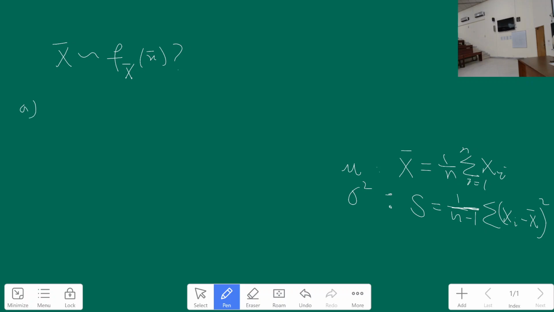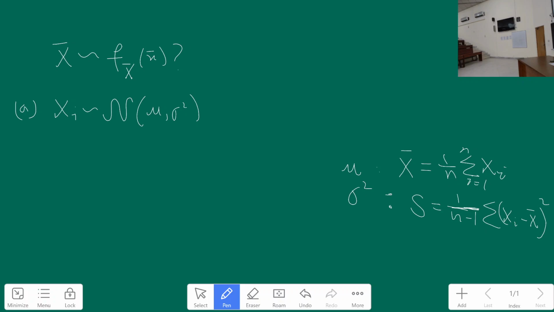First case, if the xi, this random sample, are all normally distributed with the same mean and variance, if that happens, then what do you think is the distribution of X bar?